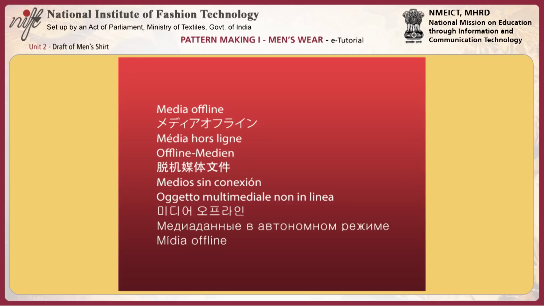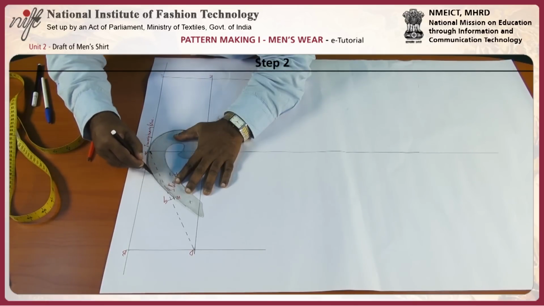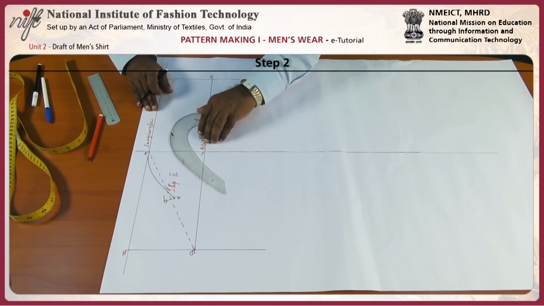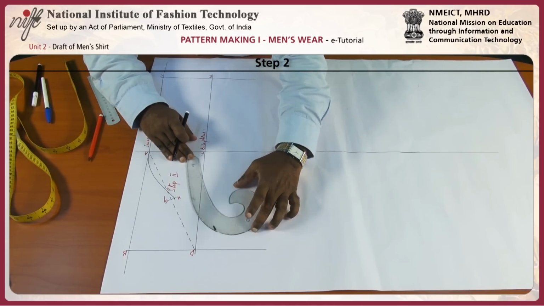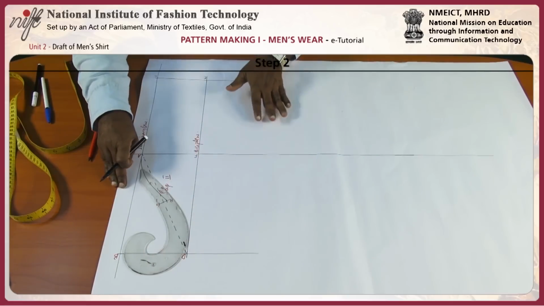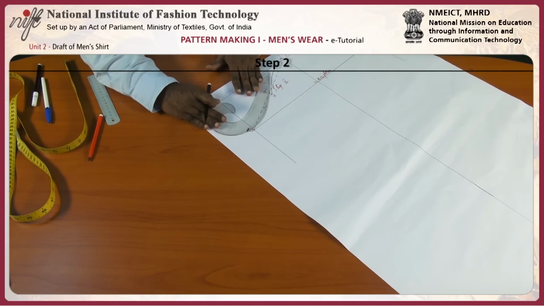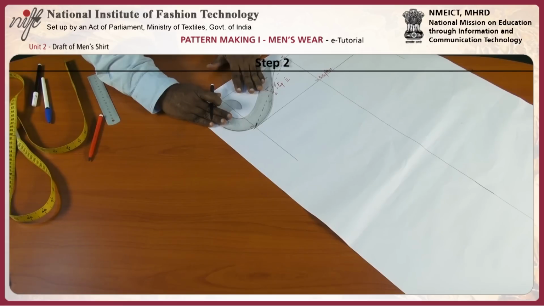Place French curve from A to H and tilt this to the other direction and flip to the opposite, then align H and D to complete the front armhole.